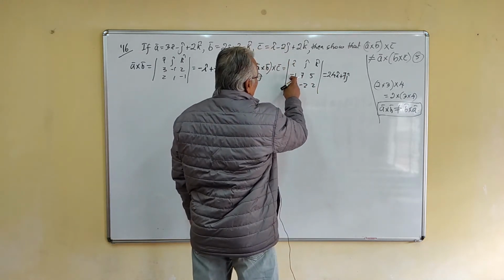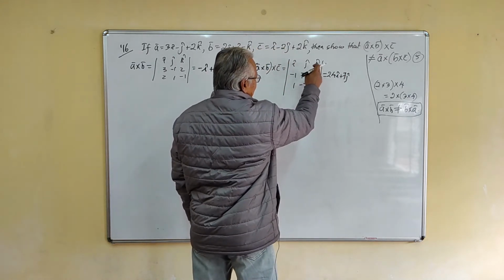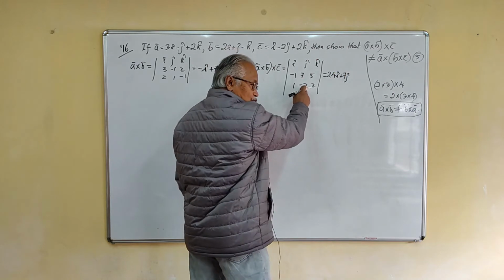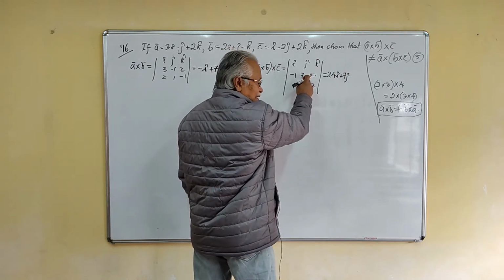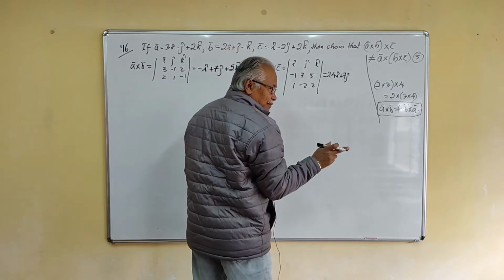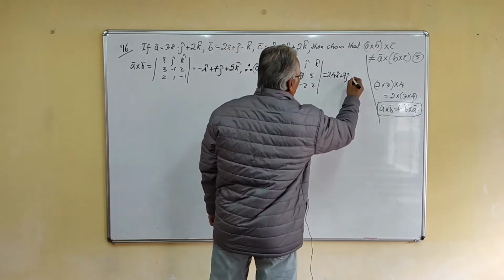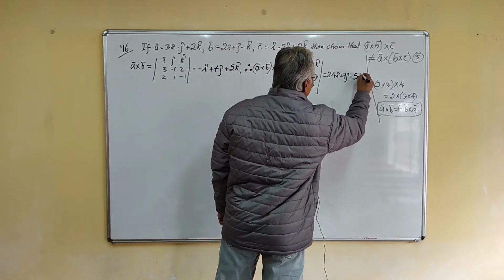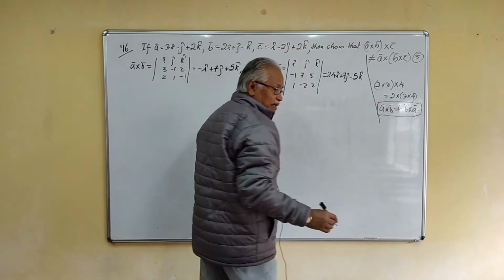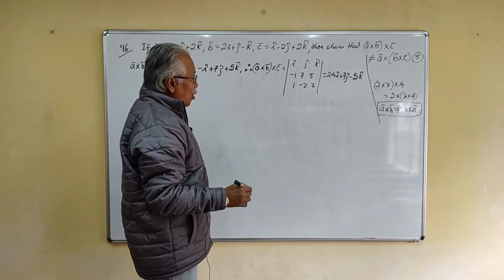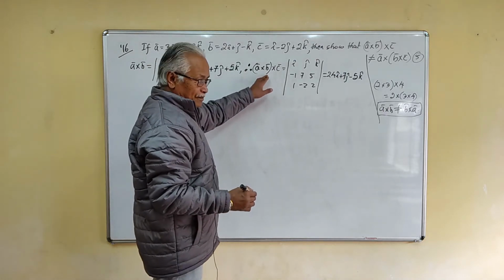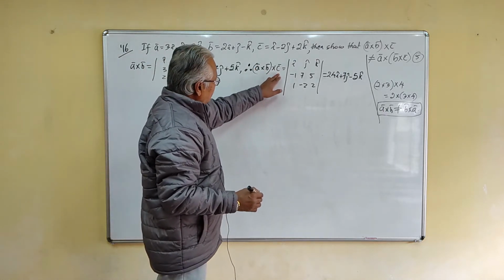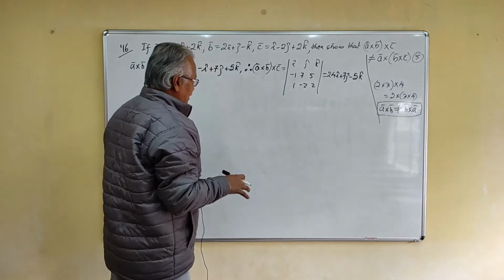Then k times, minus 1 into minus 2 will be 2. 2 subtract 7 gives you minus 5, so it will be minus 5k. So we've been able to find out the value of A cross B multiplied by cross product with C.